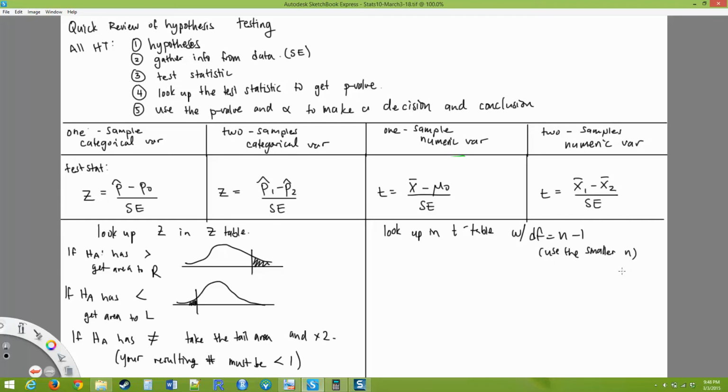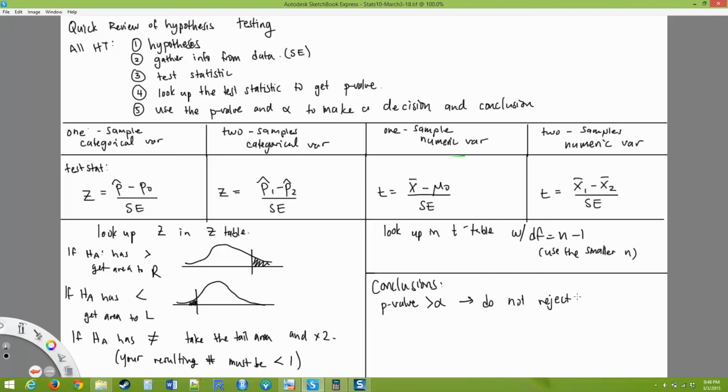And for all of these, the conclusions: if the p-value is greater than alpha, do not reject the null.